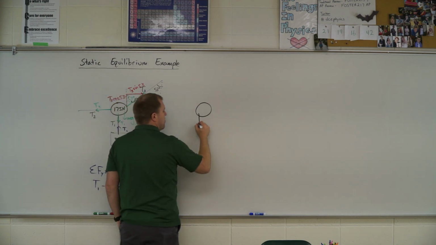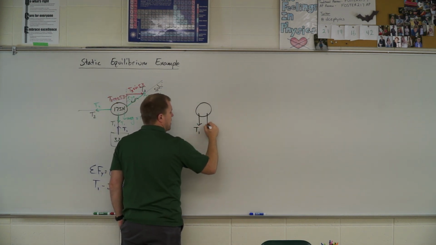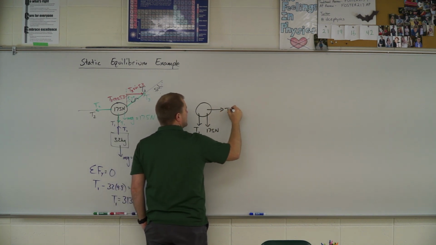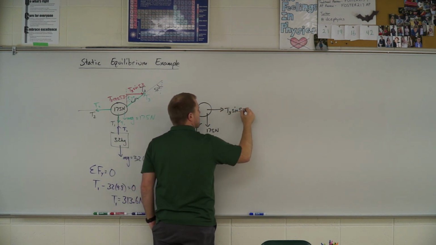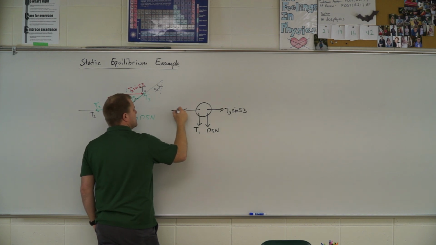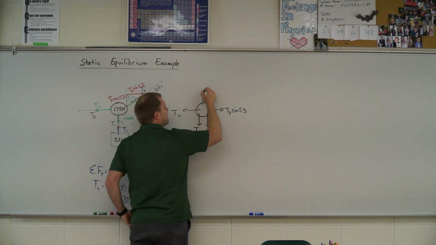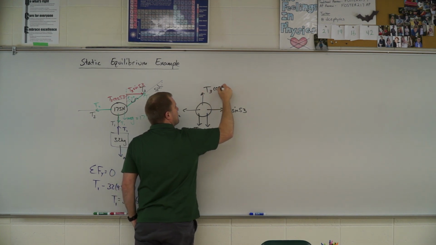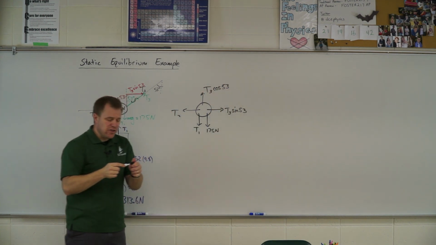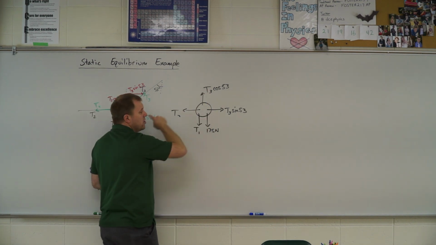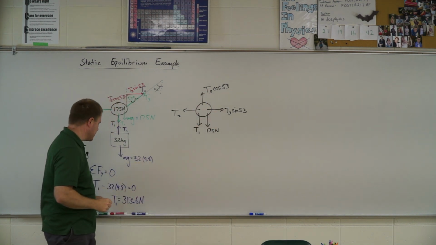So I have T1 pointing down. I have that 175 newtons pointing down. I have T3 sine 53 pointing this way. I have T2 pointing that way. And I have that T3 cosine of 53 pointing up. The reason I like to redraw this is, it really helps me identify which forces are in my y direction, and which forces are in my x direction.